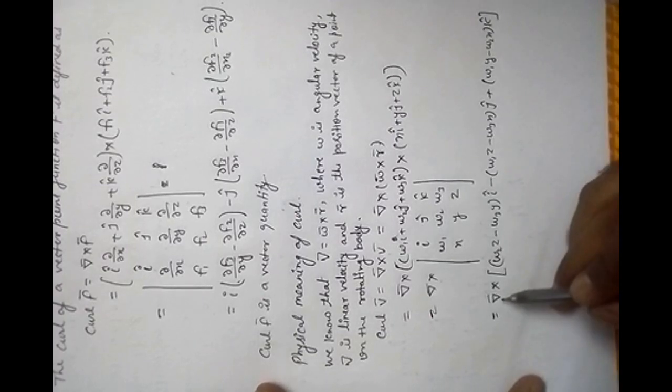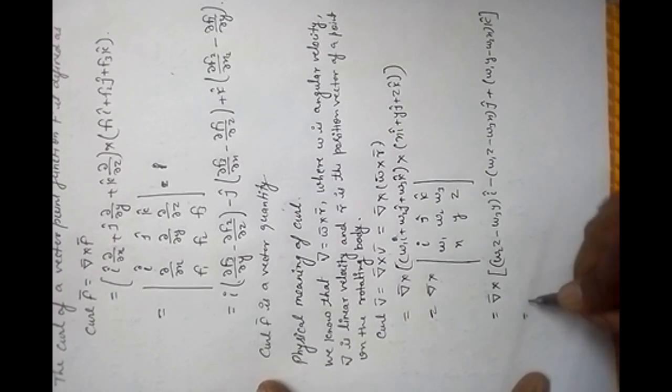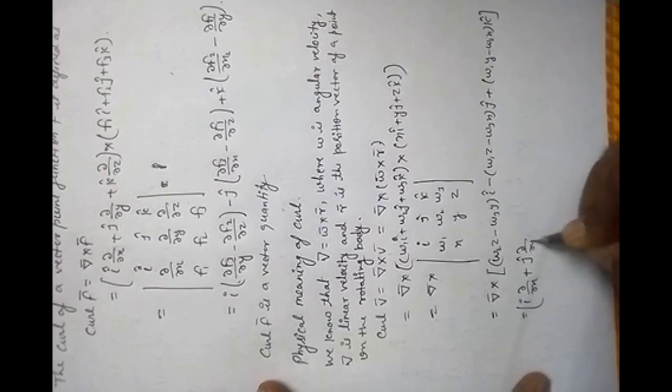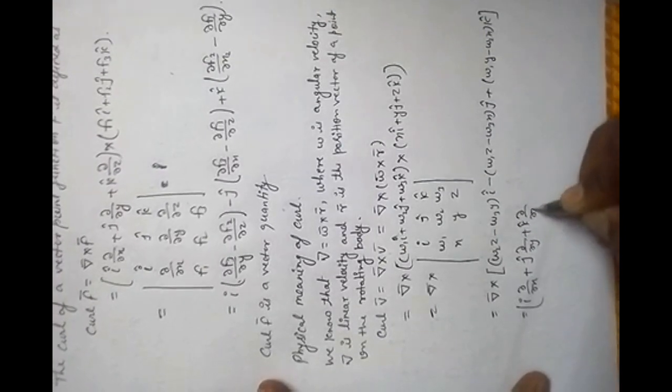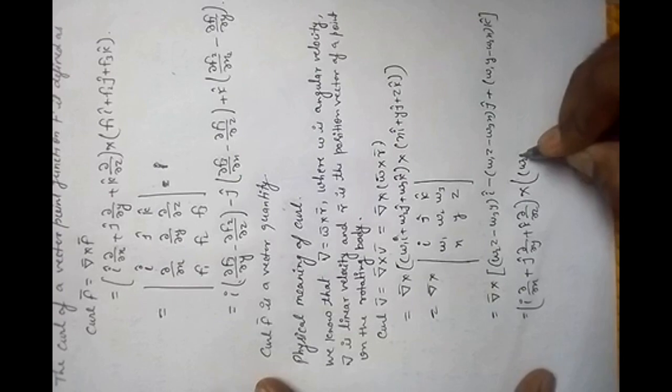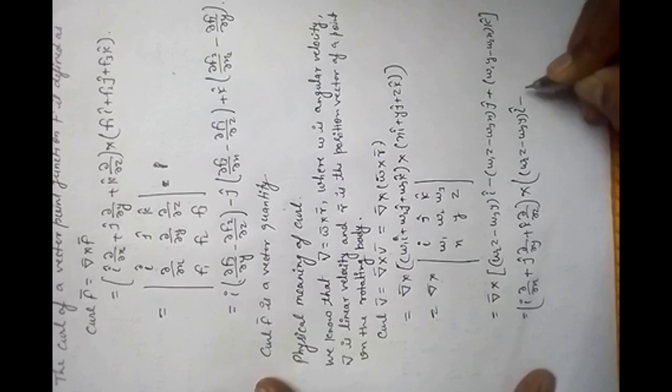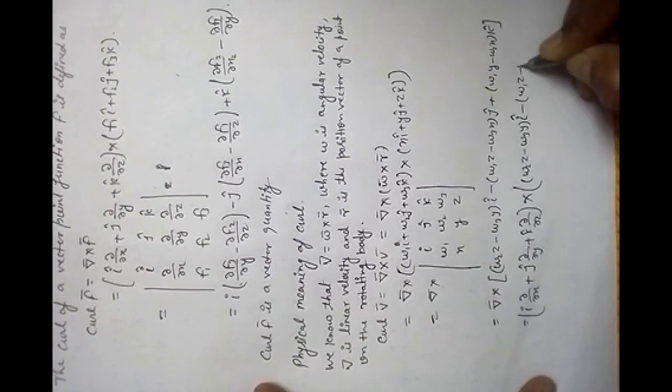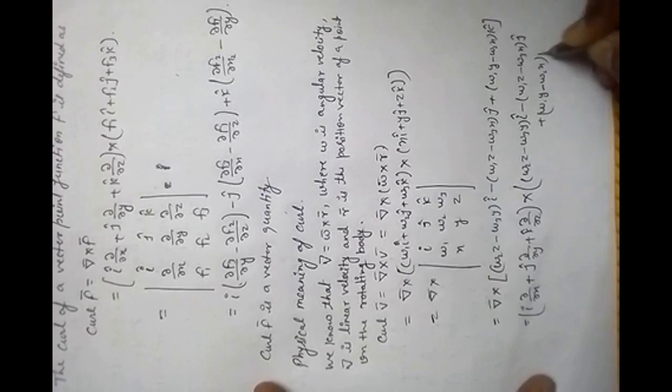Okay, now the value of del is i del upon del x plus j del upon del y plus k del upon del z, cross (omega 2 z minus omega 3 y) i, (omega 1 z minus omega 3 x) j plus (omega 1 y minus omega 2 x) k.